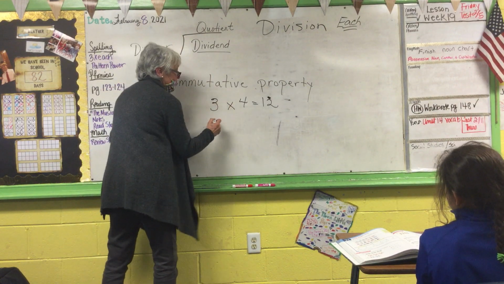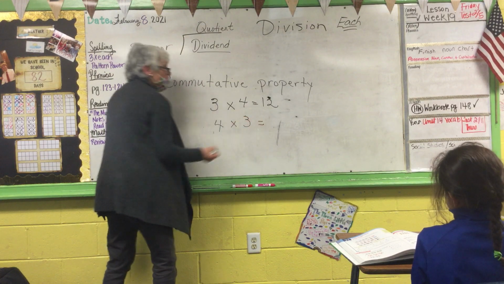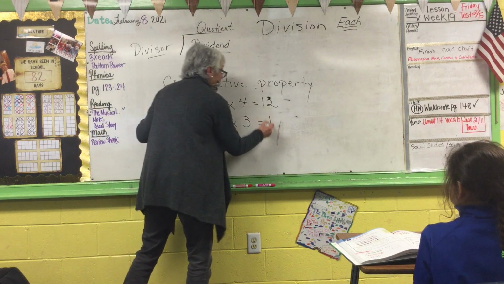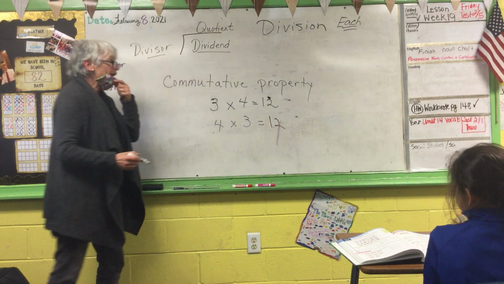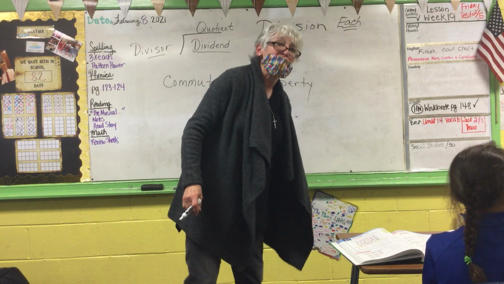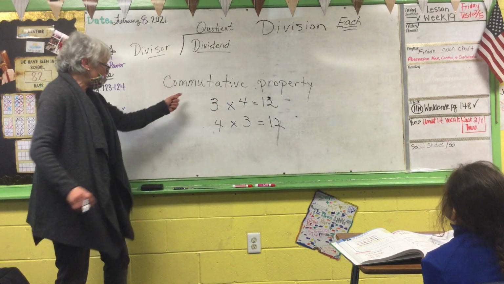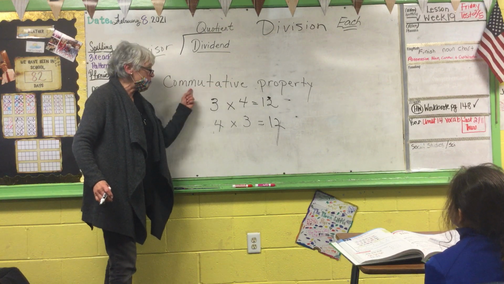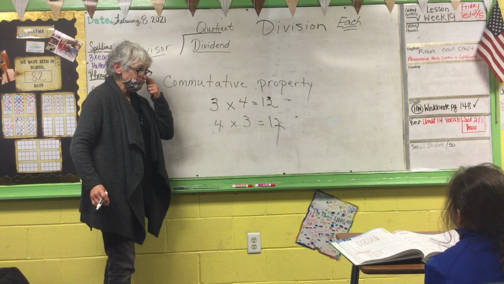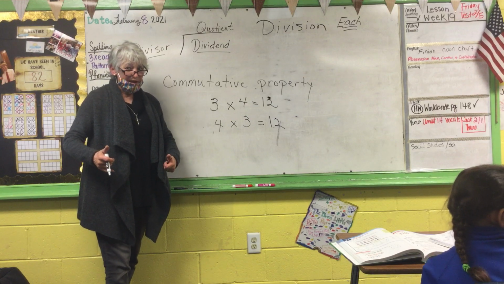Let's try it. Let's put the 4 here and the 3. 4 times 3. 12. Oh, well, look at that. Now what do you know about multiplication? It is commutative. Now don't say community. Commutative. Got it? Commutative. There you go.